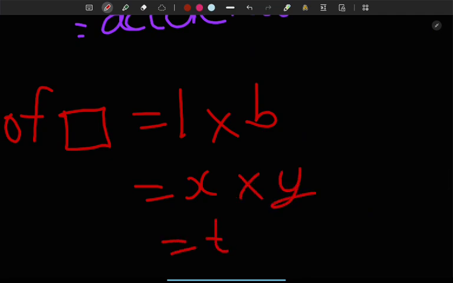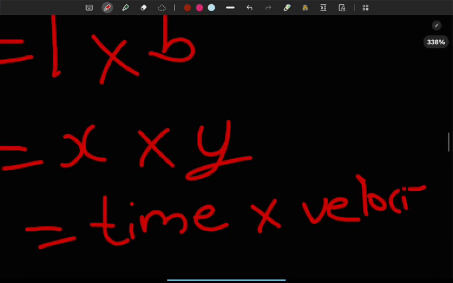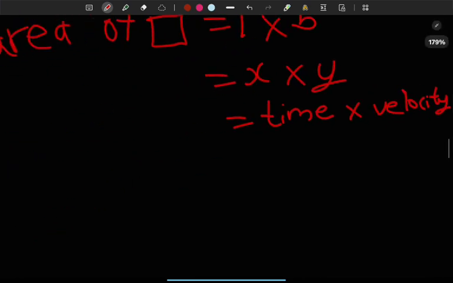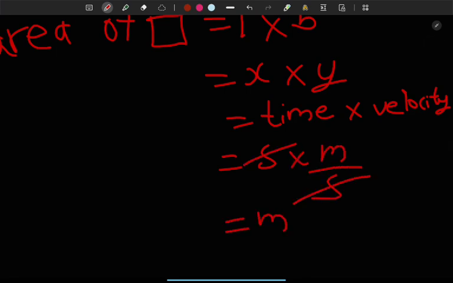We took time in the x coordinate and velocity in the y coordinate. So by unit matching, seconds into meter per second, the seconds get cancelled, so we get meter.